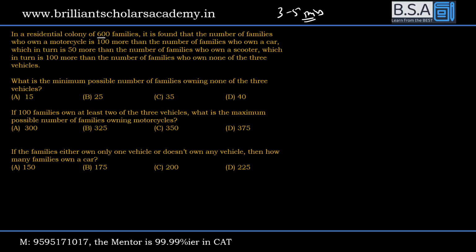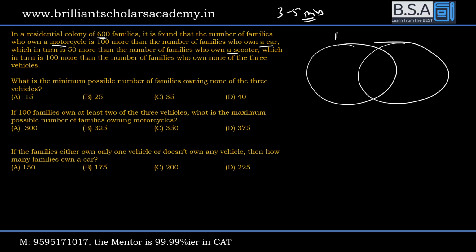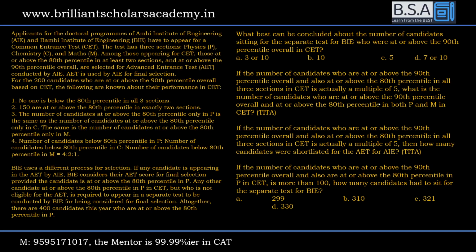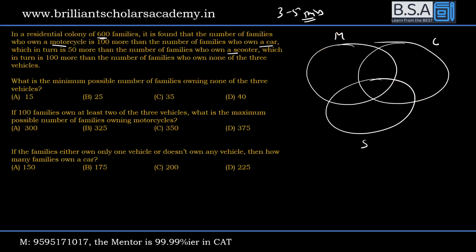So very weird kind of language is given. No number is given to us as a fixed value. There are 600 families. Then there are families who own motorcycles, families who own car, families who own scooter. Motorcycle, car, scooter. And these are given to us in relation to families that do not own anything.